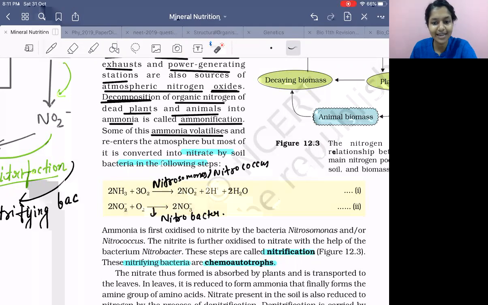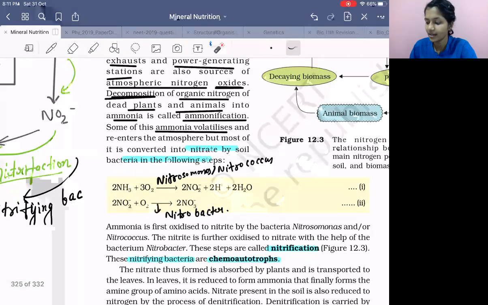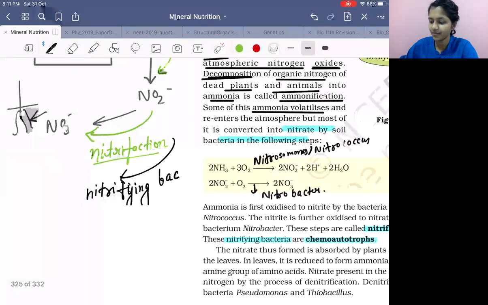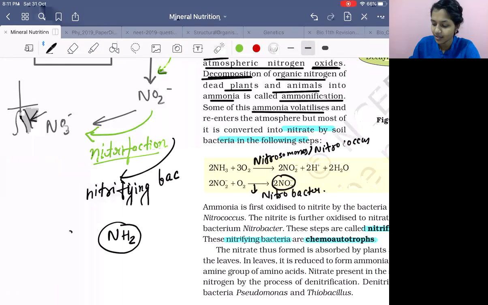Now, obviously, the plant will absorb the nitrate. What is the plant going to do after absorbing it? It will make an amino group, because nitrogen is used in making amino acids. You know that an amino acid has an amino group and a carboxylic acid group.